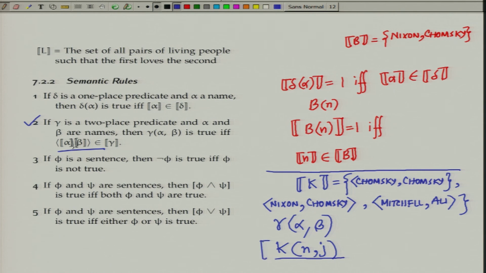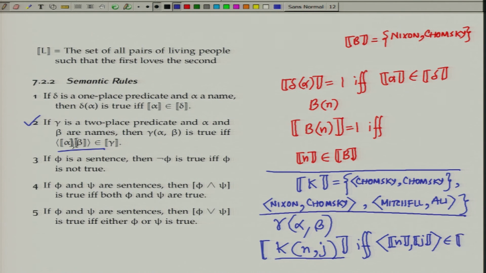So, this is true if and only if the ordered pair N, J belongs to this set, that is the set K. Without doing anything, we can check, because N stands for Richard Nixon and J stands for John Michell, and then we need to find that pair here, that is Nixon Michell.